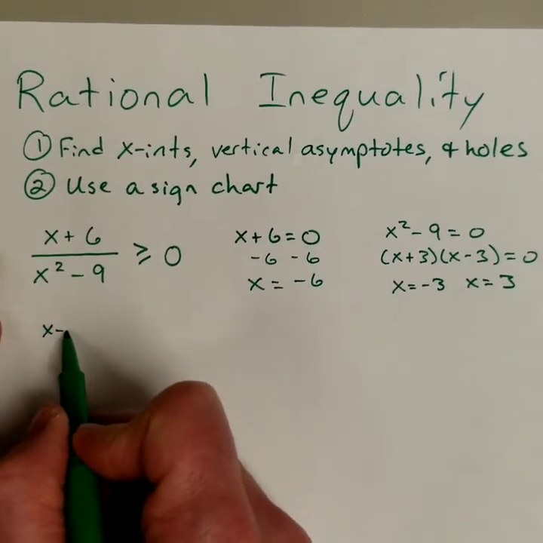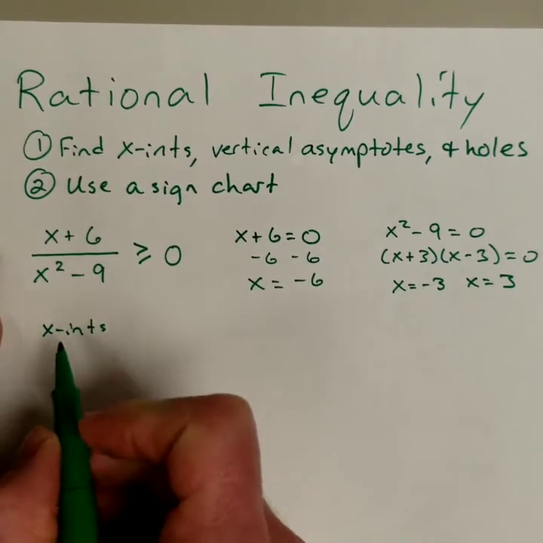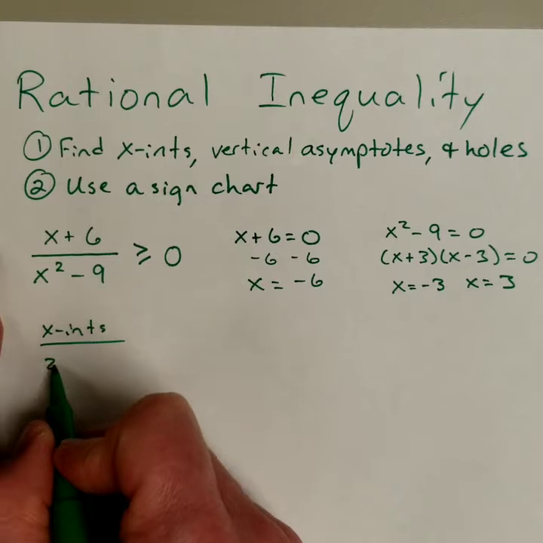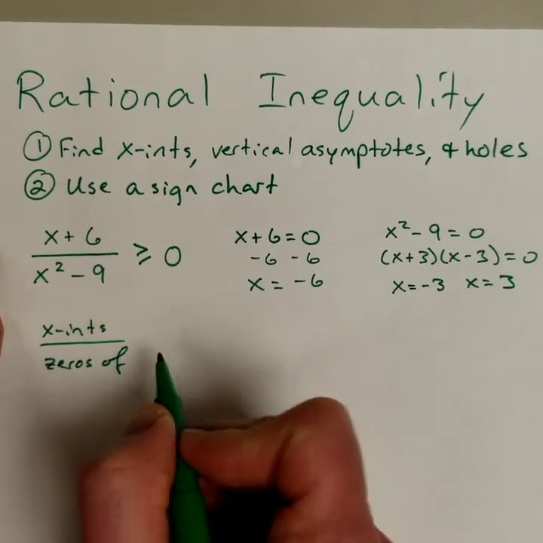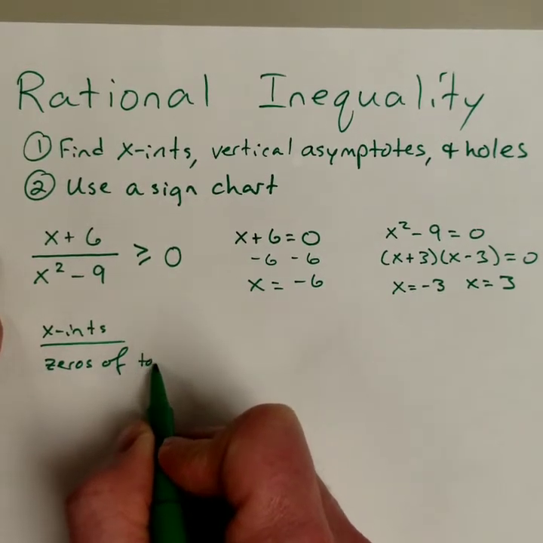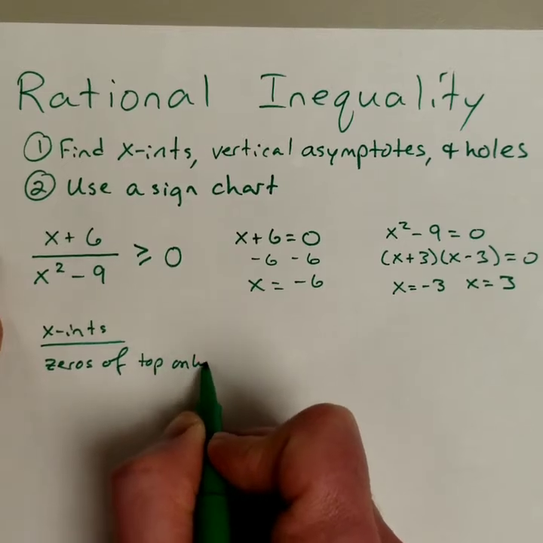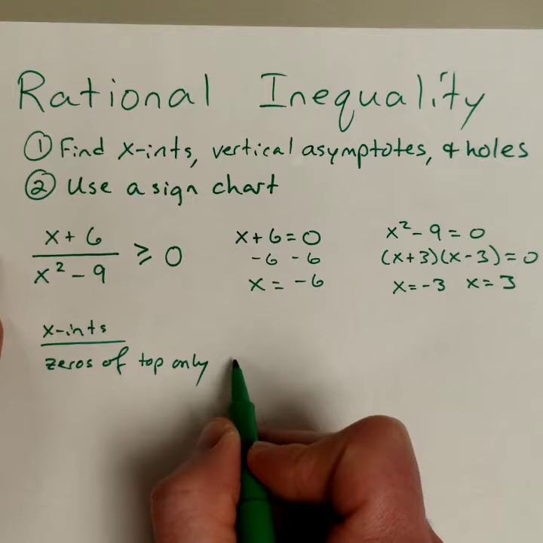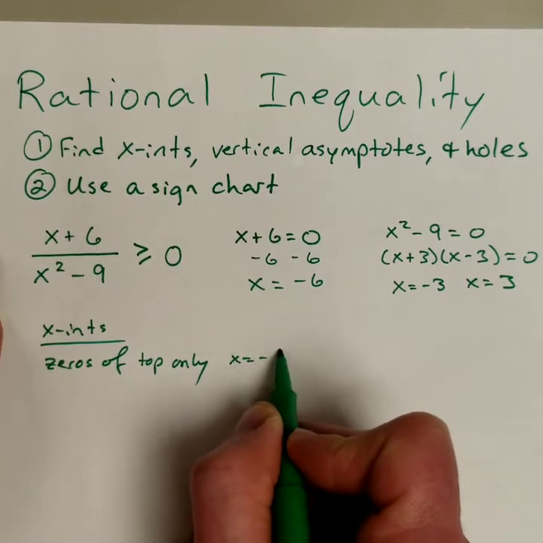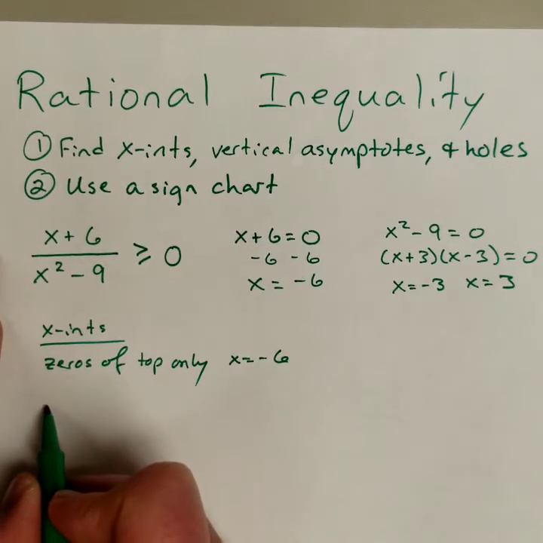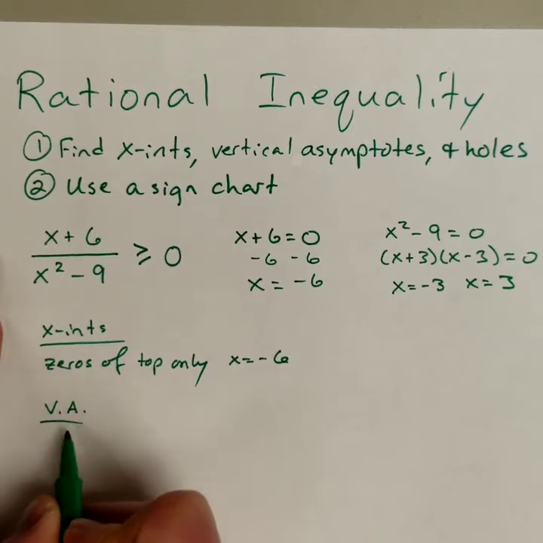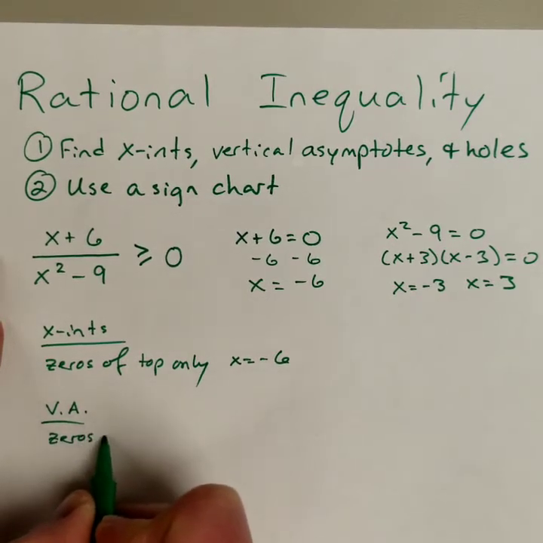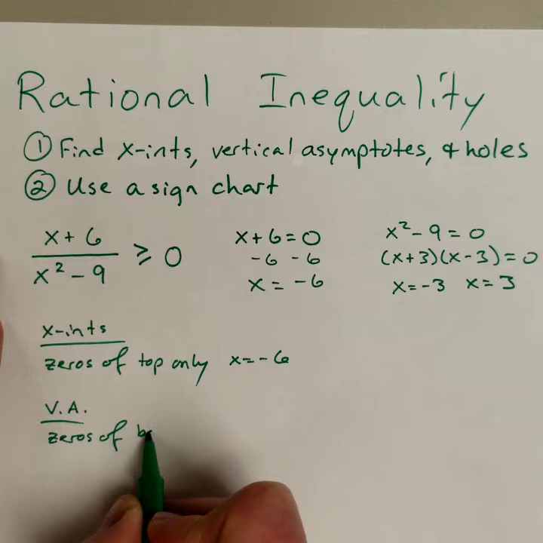Remember, the x-intercepts come from the zeros of the top, the numerator only. So in that case, that would be negative 6. The vertical asymptotes come from zeros of the bottom only.